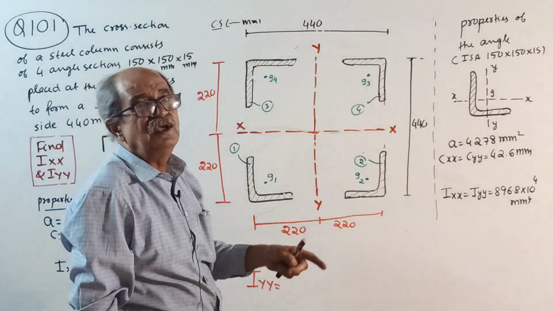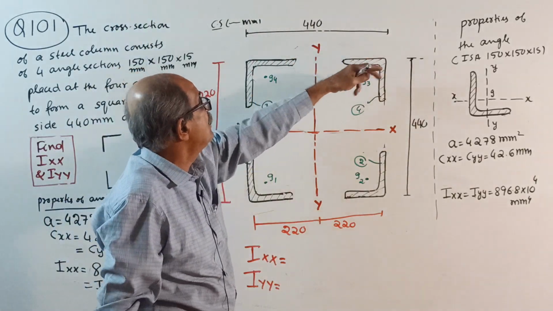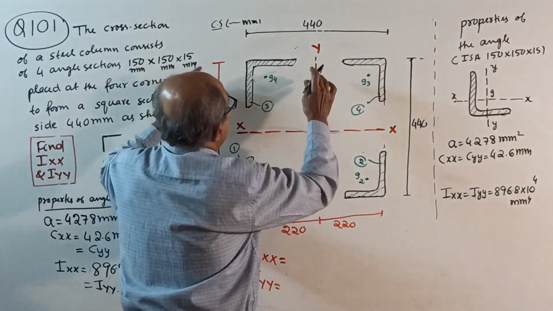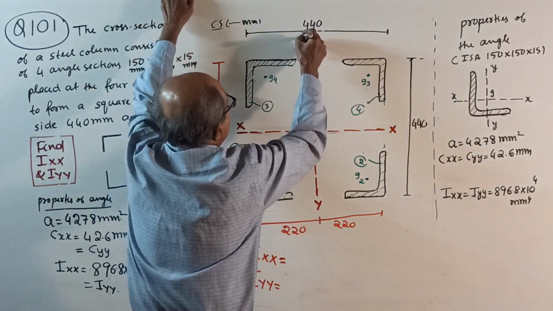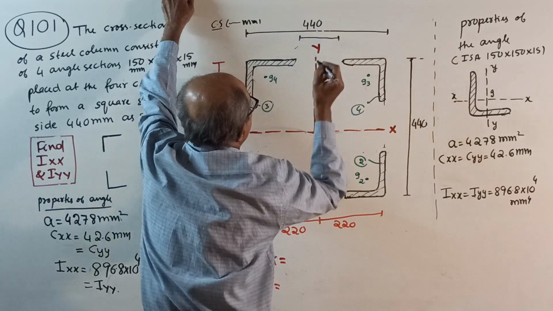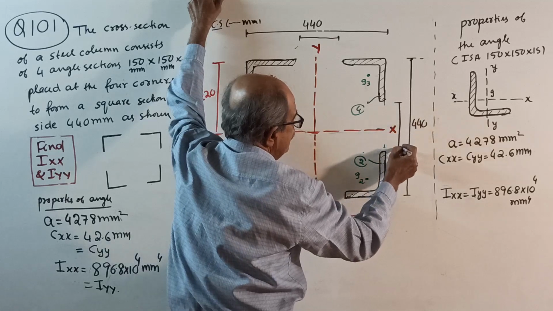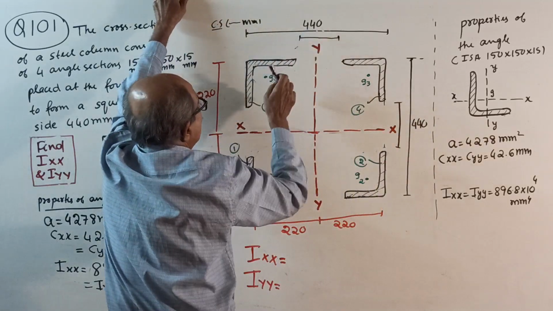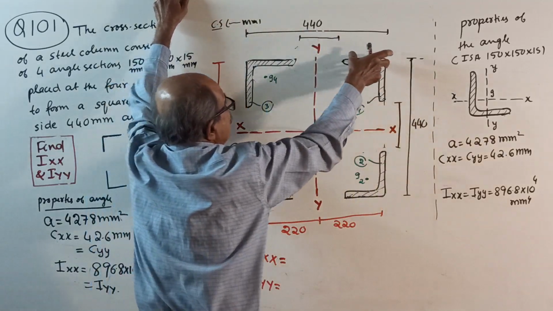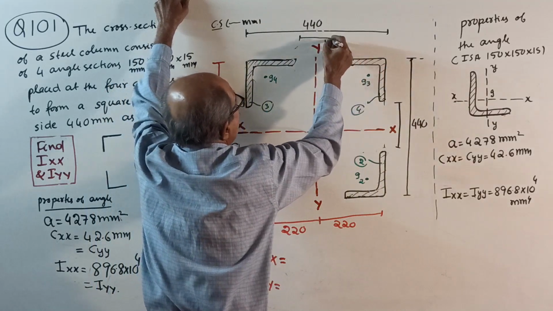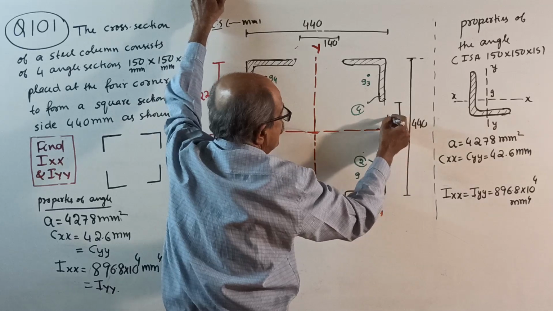So they told the side of the square is 440. Therefore, if you calculate this gap, and also this gap, it is 440 minus 150 minus 150, which will be 140. This also is 140.